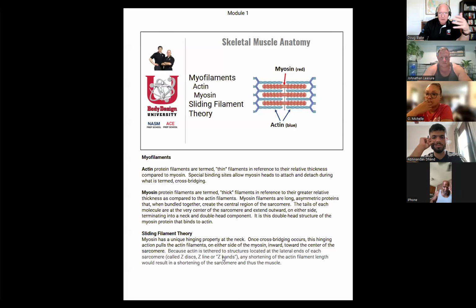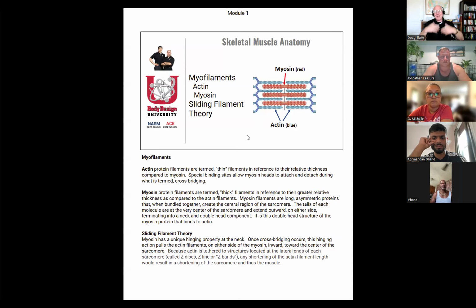Is everybody with me on kind of what you need to memorize and understand? Myosin, actin, sliding filament theory. Myosin is what we call the thick filament in reference to it being thicker, and it contains what we call tails and heads. It's the head of the myosin that attaches to the actin. Cross bridges is what we call them. They swivel and things move closer together.